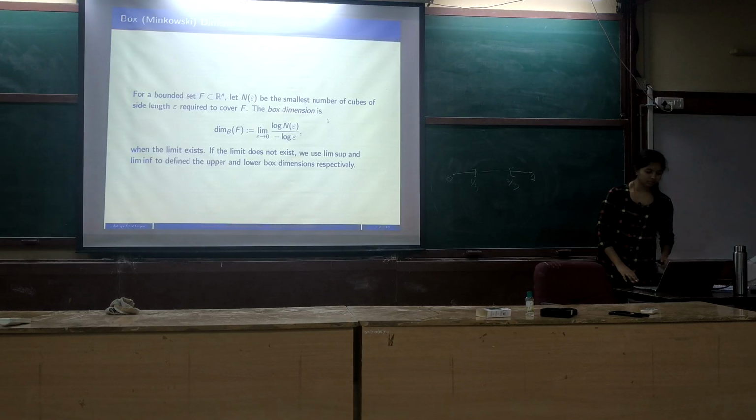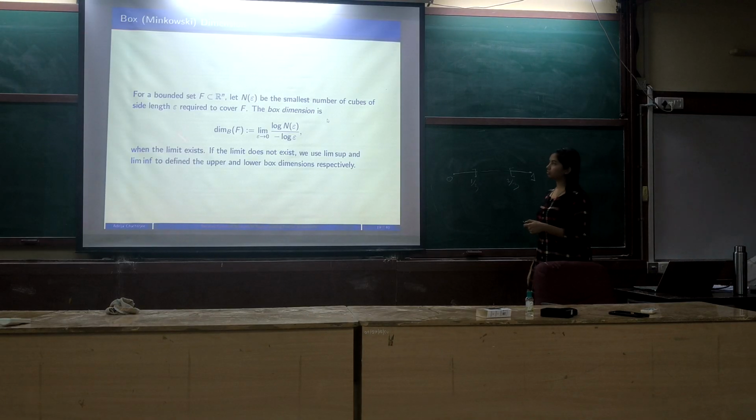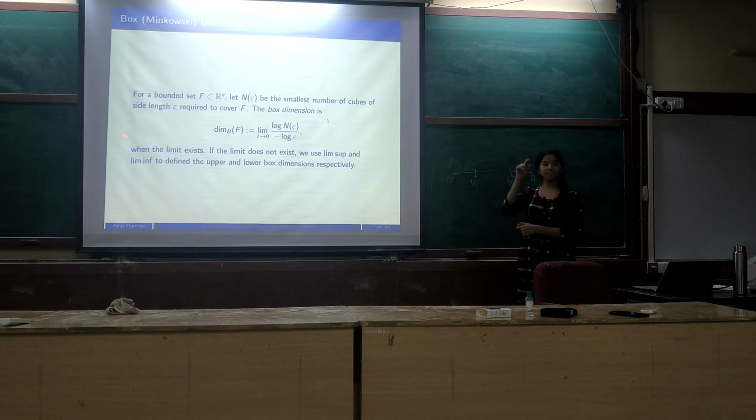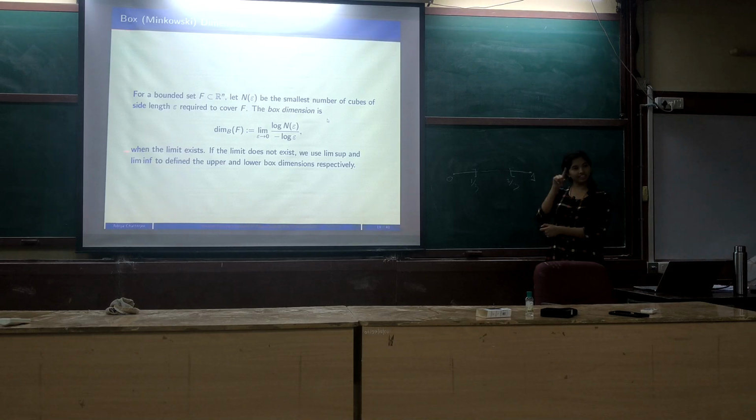First you have a bounded set F, and you take boxes of size epsilon, and then you try to cover your set with those boxes. Let the minimum number of boxes of size epsilon required to cover your set be n of epsilon.